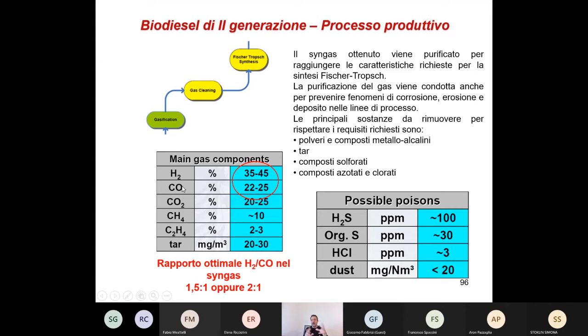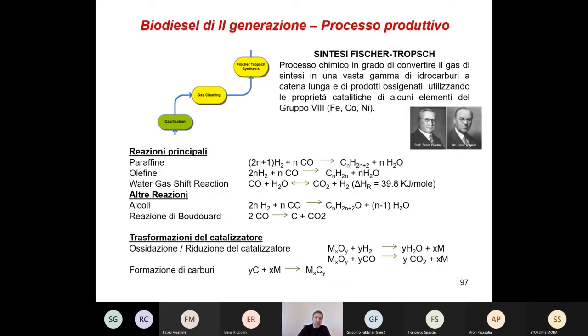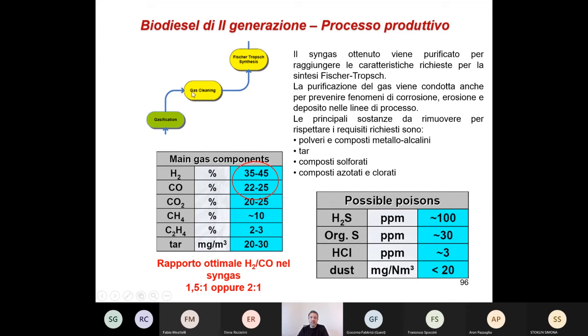What is the other process we need to obtain biodiesel? It's a chemical process, which is called Fischer-Tropsch synthesis.